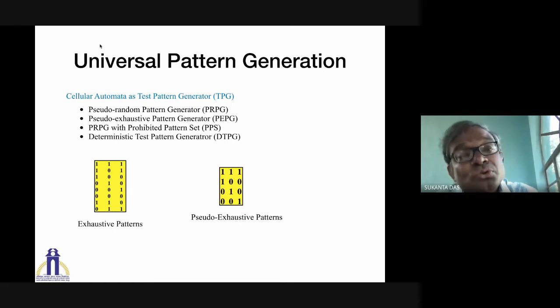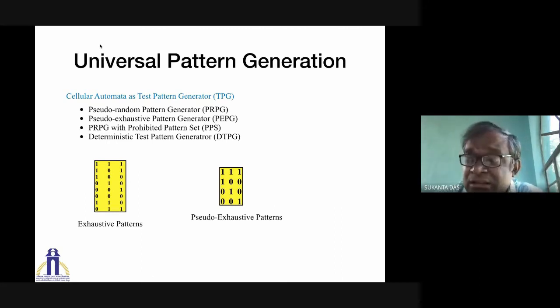So that much I am saying here: these cellular automata have this kind of property where some bits appear exhaustively in their configuration space. So that kind of cellular automata can be used to generate pseudo exhaustive test patterns.